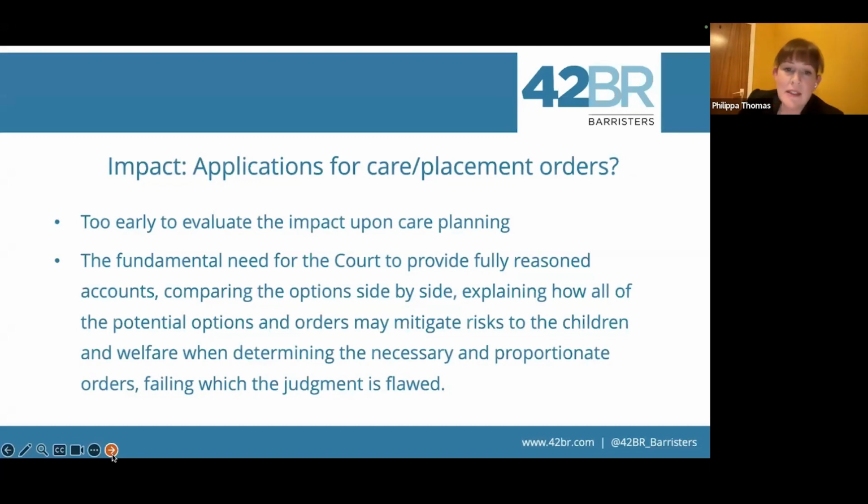And I have to say, in the area where I practice mainly, I don't think it's been taking much heed of. But the issue is the fundamental need for the court to provide fully reasoned accounts, comparing the options side by side, explaining how all of the potential options and orders may mitigate risks to the children and welfare when determining the necessary and proportionate orders, failing which the judgment is flawed.